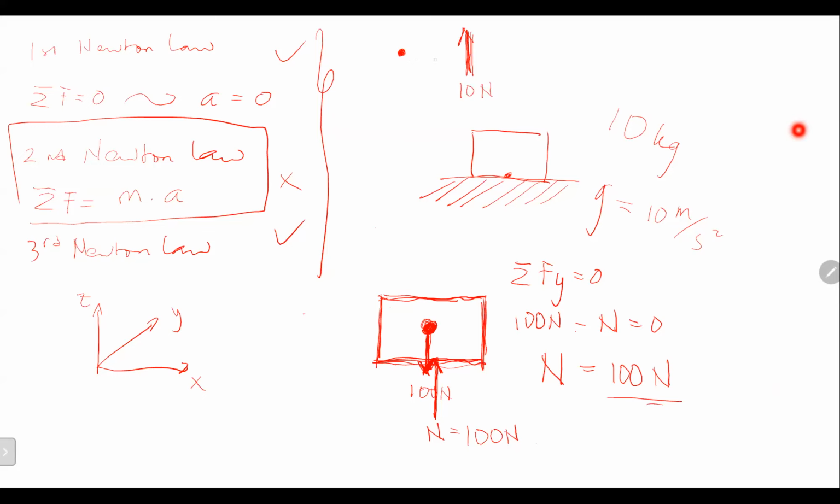The distance here is 2 meters, for example. What is the magnitude of the moment which is caused by the 10 Newton force at point A? What is your answer? 20 Newton meters, sir. 20 Newton meters.